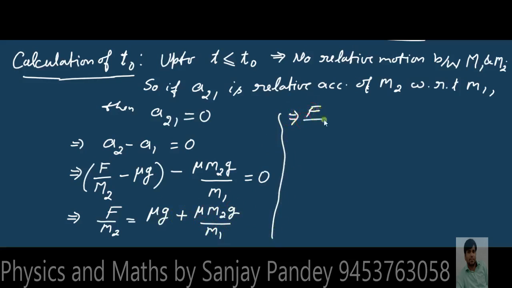This implies F/m2 = mu g, taking mu g common from both these terms, we get mu g (1 + m2/m1).